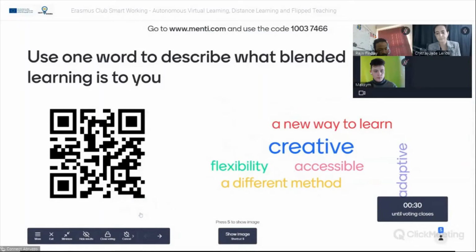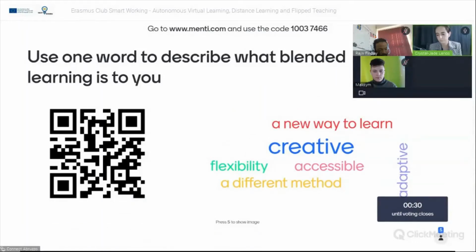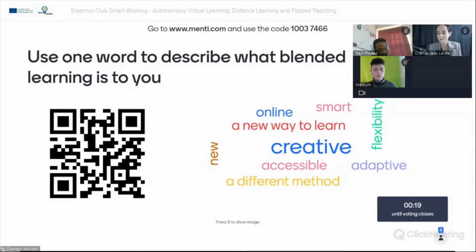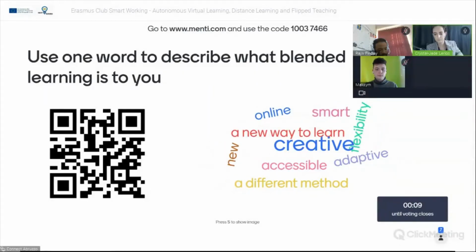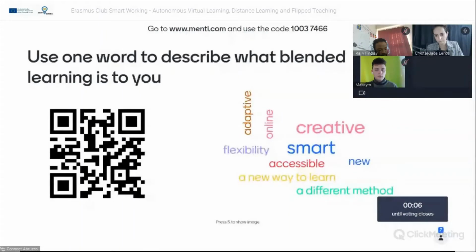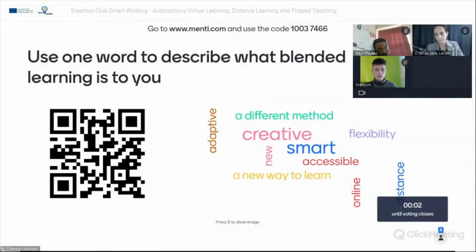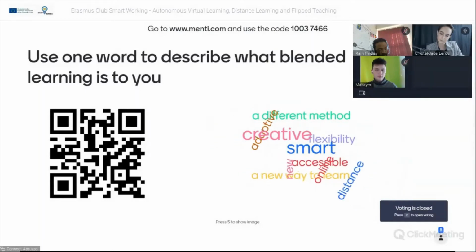Flexibility, yep. Smart, absolutely. I think there's a saying that says don't work harder, but work smarter. And I think this is one of the ways to do that. Online, yes. New. Distance.